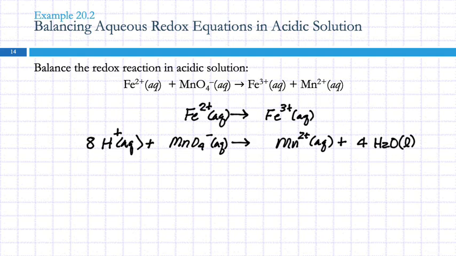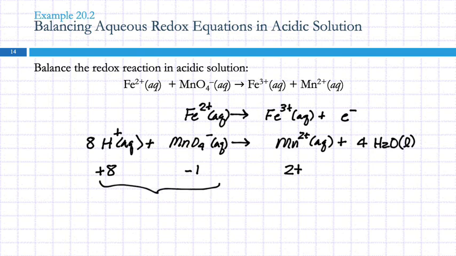Now what do we do? Electrons to add to balance the charge. I have +2 and +3. So I'm going to add electrons to the more positive side to make them match. So 1 electron there. Now this one is a little more complicated to see what the charges are. So I've got 2 plus here, and I have -1, and I have 8.